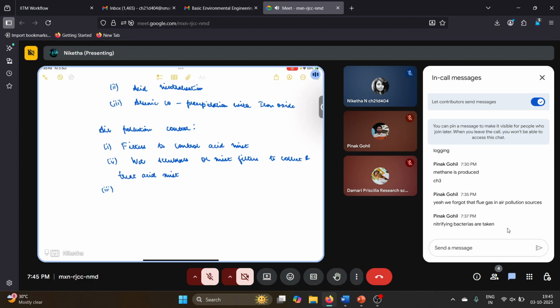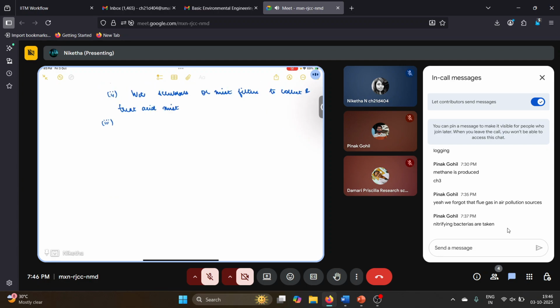Now coming to VOCs especially. So VOCs are produced during solvent extraction and venting out the storage tanks where the solvents are stored.